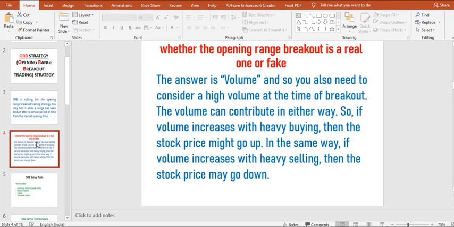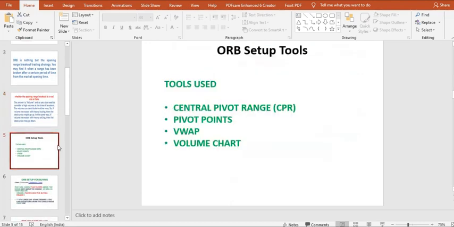The volume can contribute either way. If volume increases with heavy buying, then the stock price might go up. In the same way, if the volume increases with heavy selling, the stock price may go down. Either for a breakdown or a breakout, volume is an important parameter.